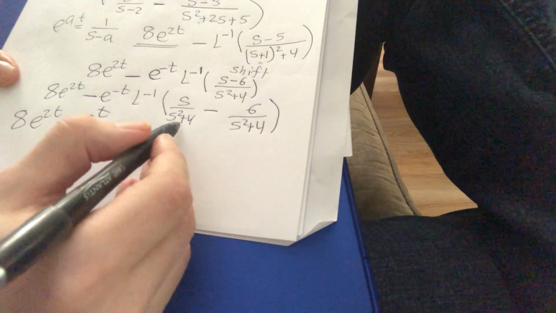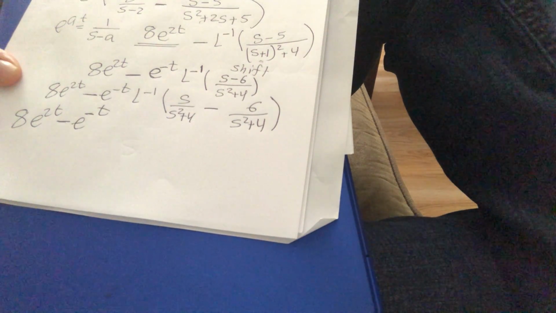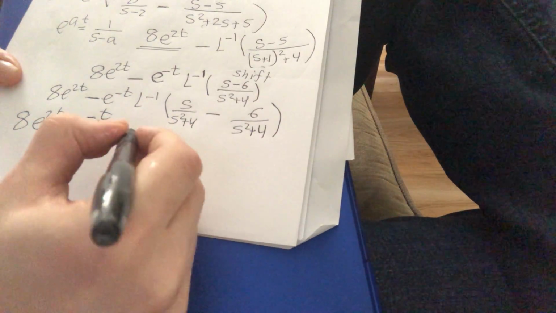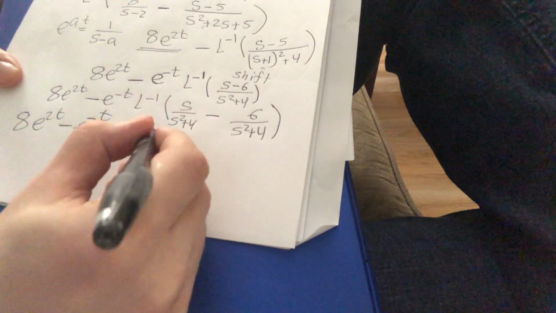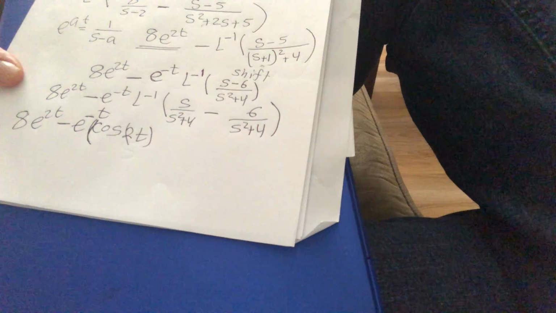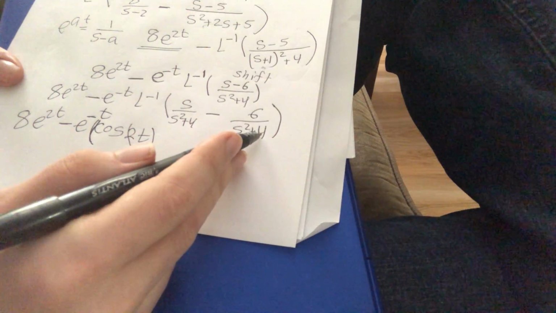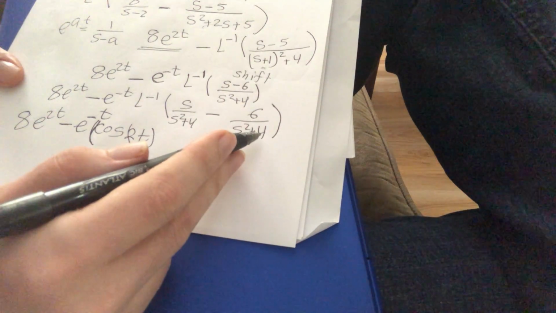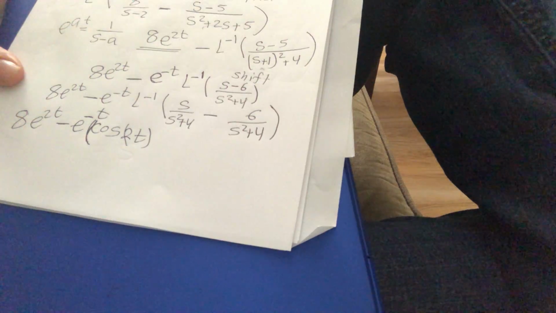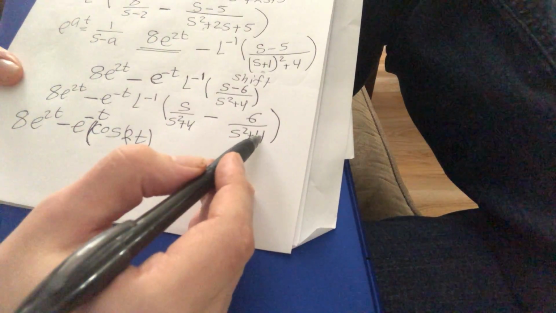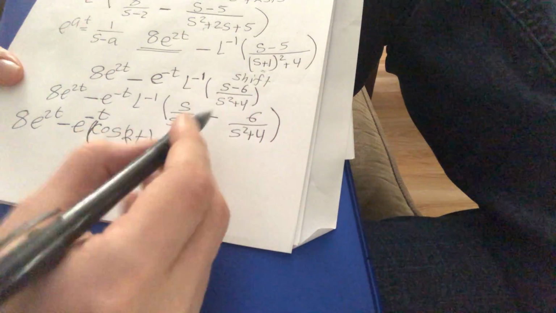Now, s over s squared plus 4, that would be cosine. That matches cosine, so now I know it's cosine of 2t. Now, this one looks like the sine, where k is 2. Remember, k would be this, and a number squared gives you 4.